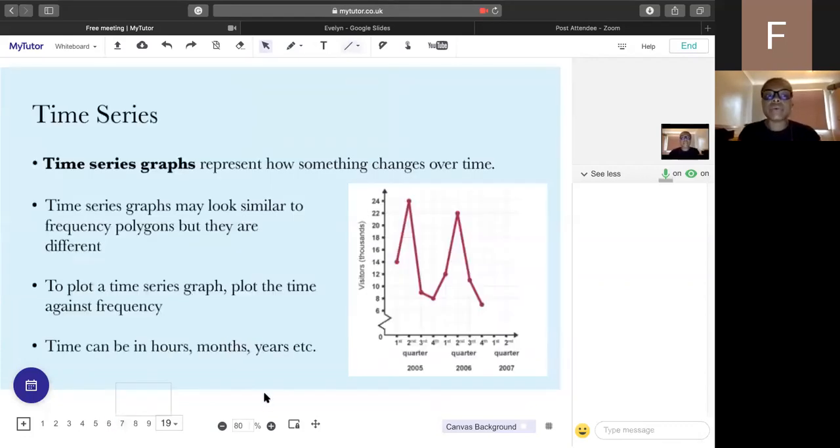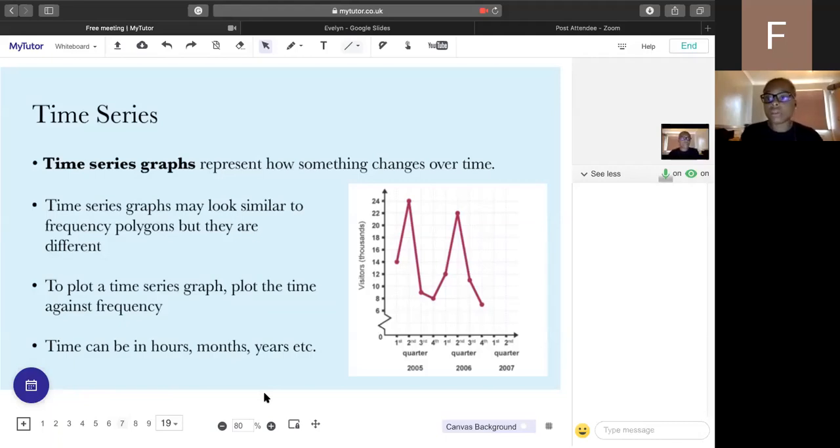And then we also have something called a time series graph. Now, as we can see in the example to the bottom right, a time series graph looks very similar to a frequency polygon, but they are different. A time series graph represents how something changes over time. So we always have time on our x-axis, and then we have our frequency on our y-axis.